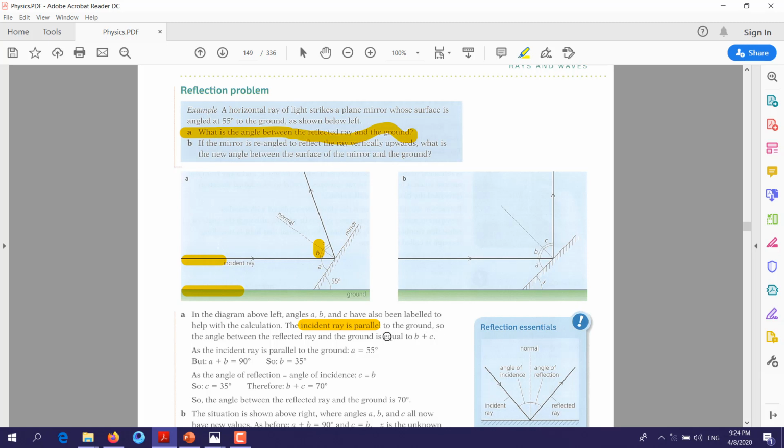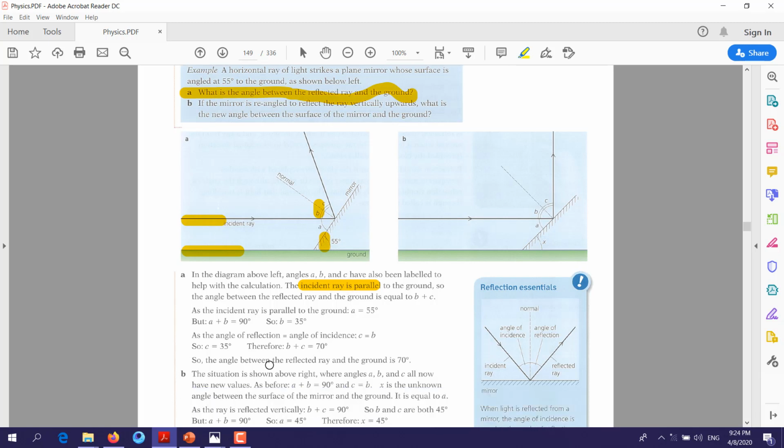What does that mean? This is already given as 55. In geometry, as we know, two parallel lines give the same angle. So if this is 55, then A will also be 55.